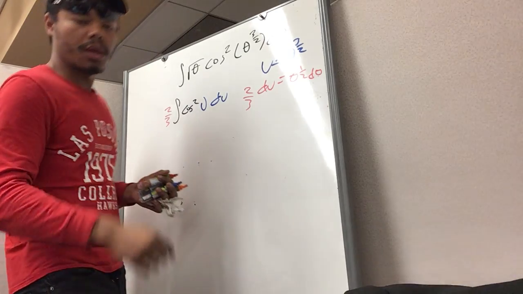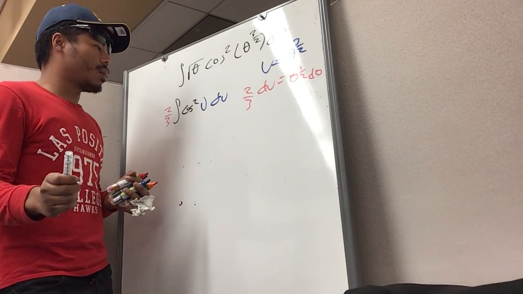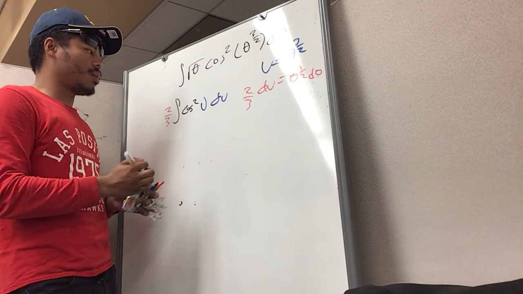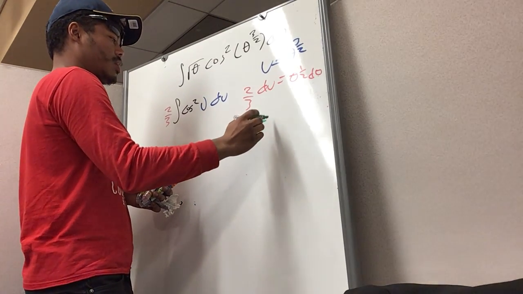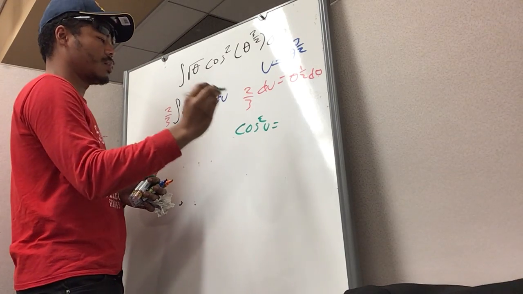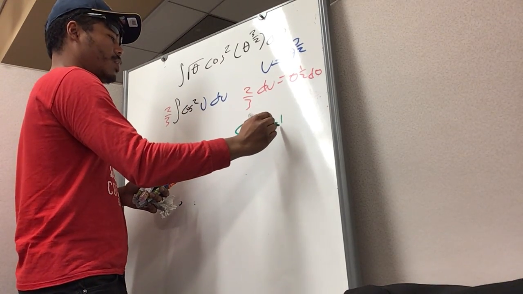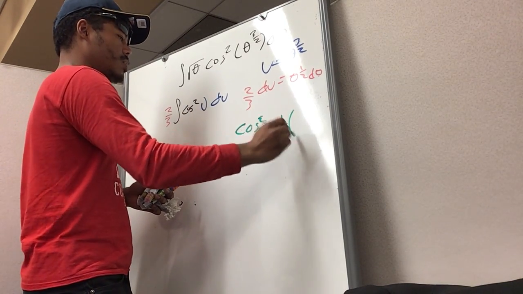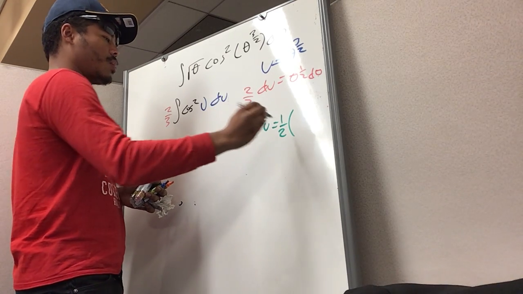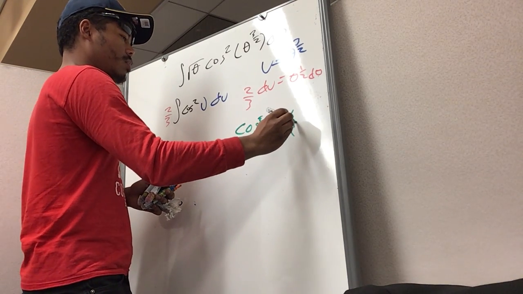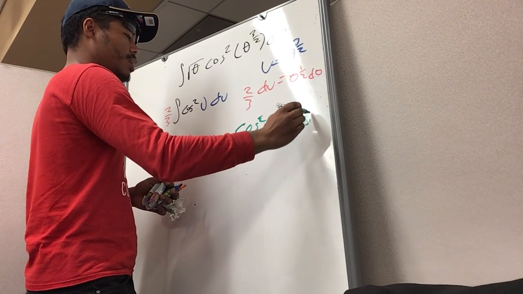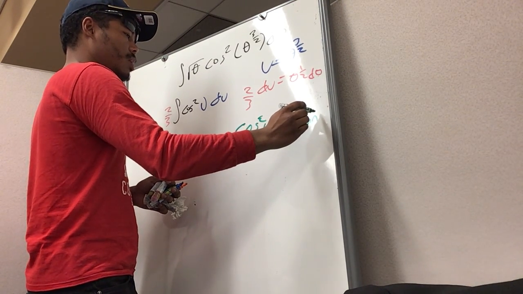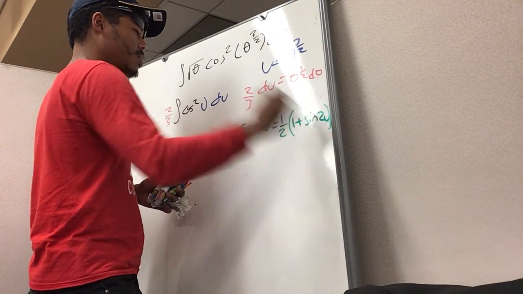And cosine squared u equals 1 over 2 times (1 plus cosine 2u).